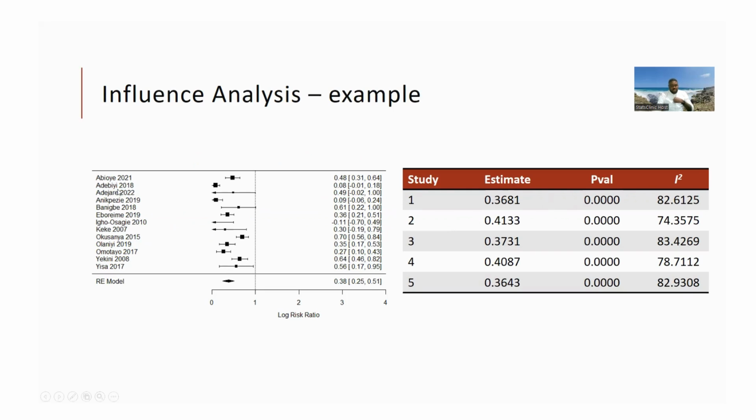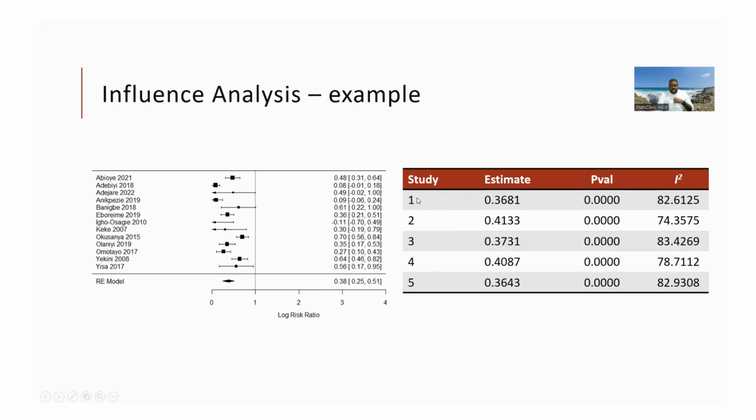So let me use an example to motivate this. If you have this meta-analysis on the left side, right, and you obtain a pooled estimate of 0.38 and confidence intervals of 0.25 to 0.51, right? Now, if you wanted to do influence analysis for all of these studies, you take out study one.